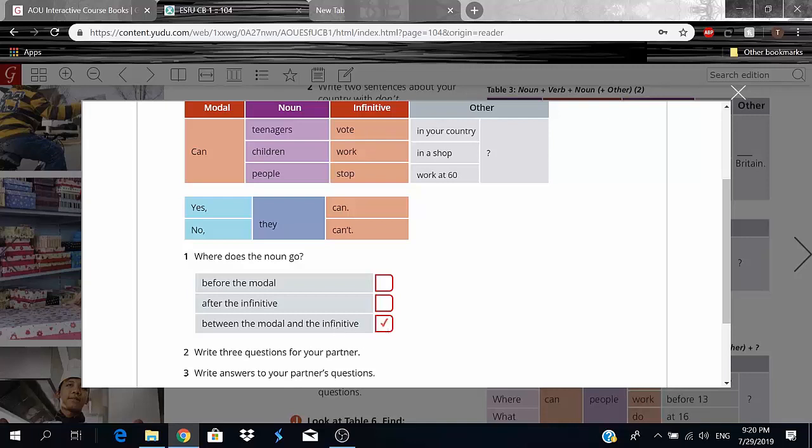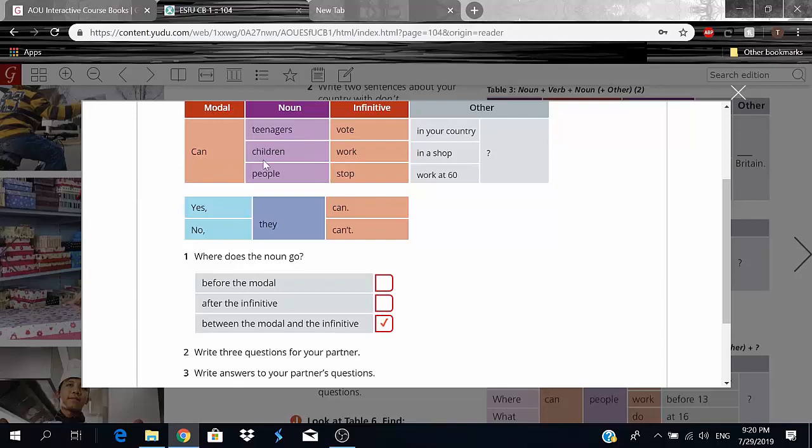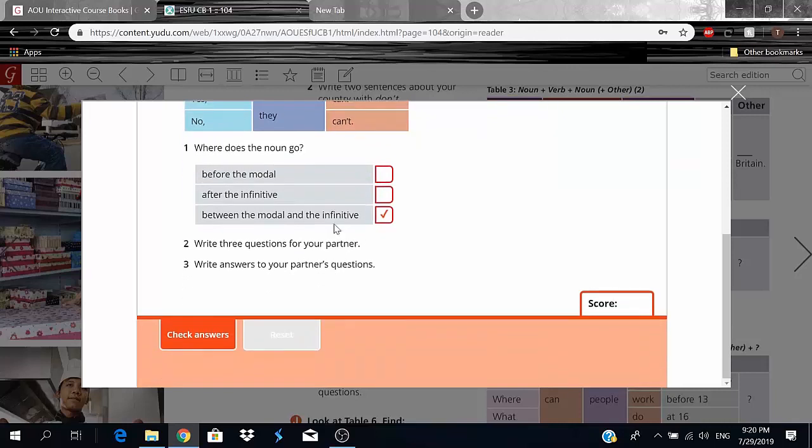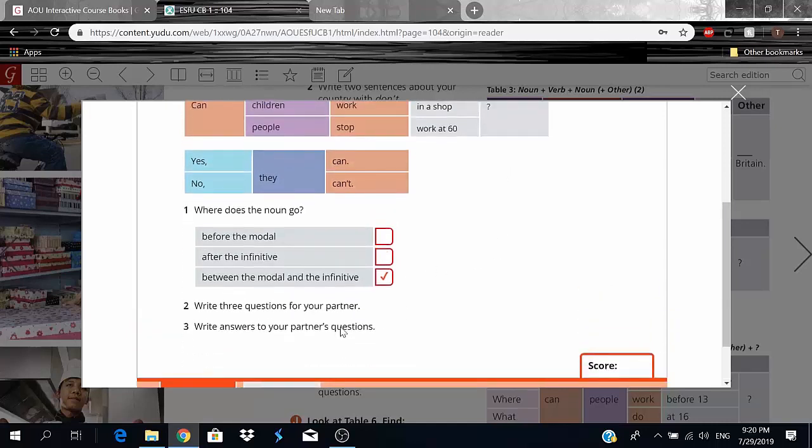Okay, so answers to these questions can be yes, they can, or no, they can't. I don't need to go more specific. We talked about this before. So write 3 questions for your partner. You guys remember the questions that we just asked? So for example, can teenagers drive in your country?